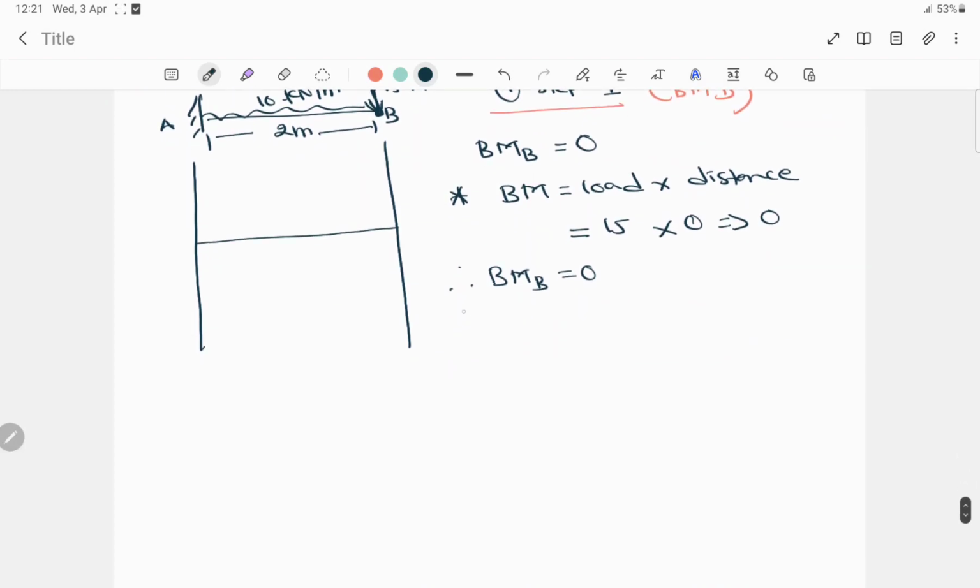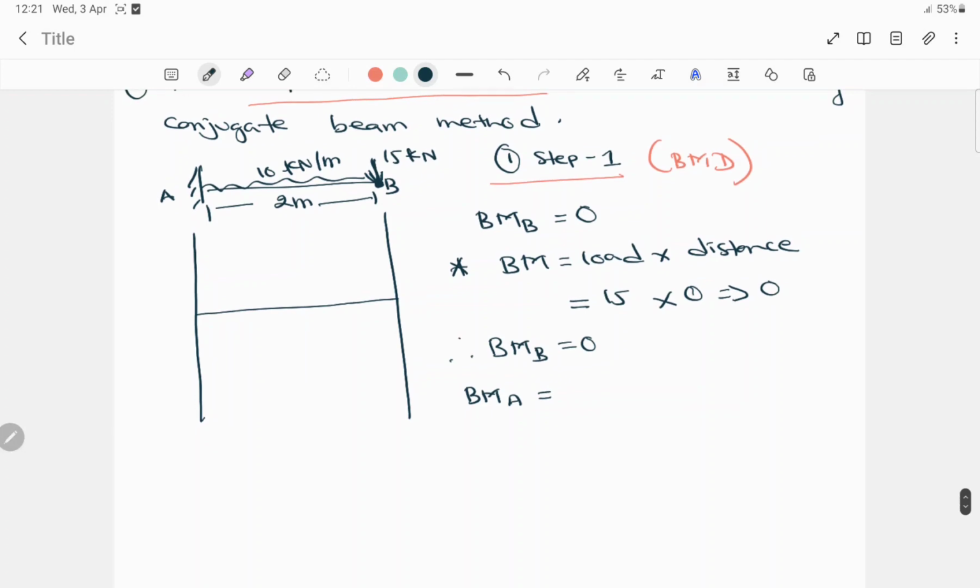Now we have to find the bending moment at A. So bending moment at A is minus 15 into the distance covered, which is 2 to reach point A, minus again the UDL, 10 into the distance covered, 2.